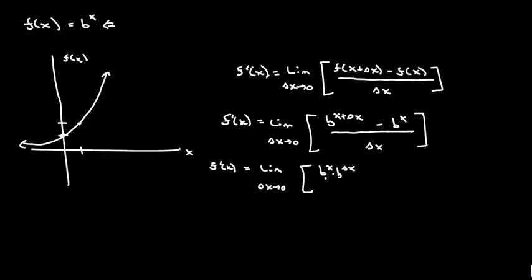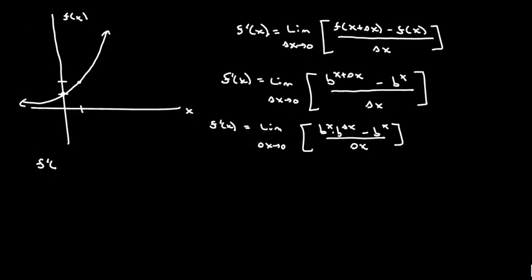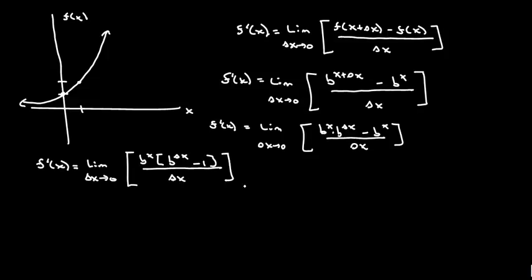So multiplication between those guys right there, minus b to the x over delta x, just like that. So f prime at x, that's equal to the limit as delta x goes to 0. This is going to be b to the x, we can factor that out, times b to the delta x minus 1 over delta x, just like that.